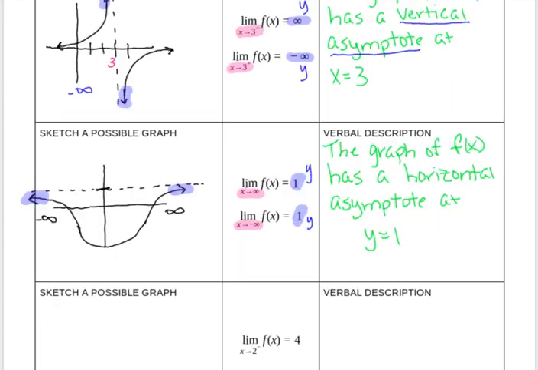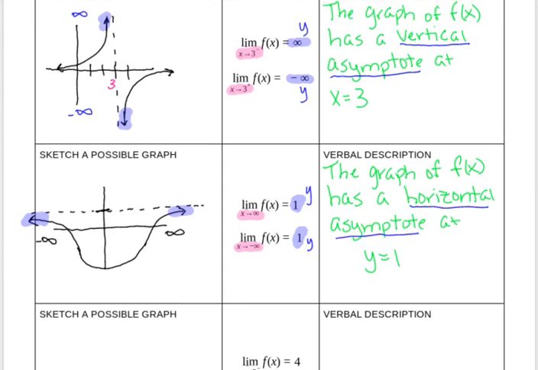So because x is approaching positive and negative infinity, and my y value is approaching a specific number, my graph has a horizontal asymptote. So you'll notice both of these limits that we looked at just now had something to do with infinity, whether the x's are approaching positive or negative infinity or the y values are approaching positive or negative infinity. It means that we have some type of asymptote on the graph. Okay?